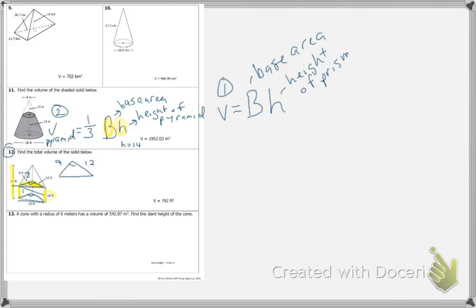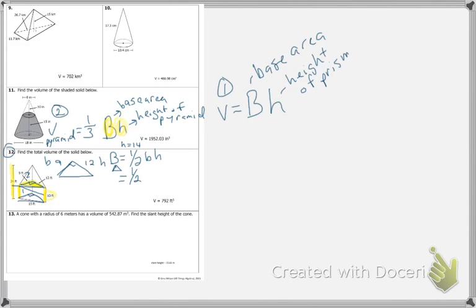Actually, I don't even need to know. This is a right triangle. This is my height, this is my base. Perfect. So big B is 1/2 times base times height, because this is a triangle.